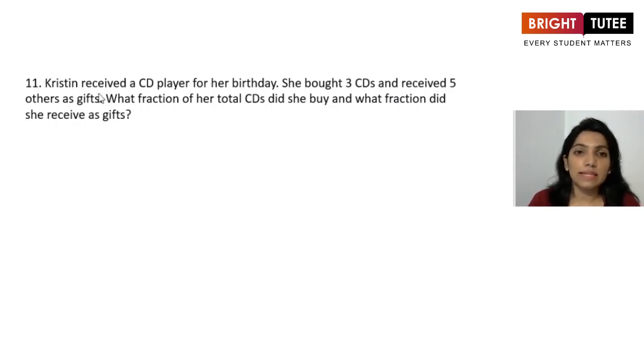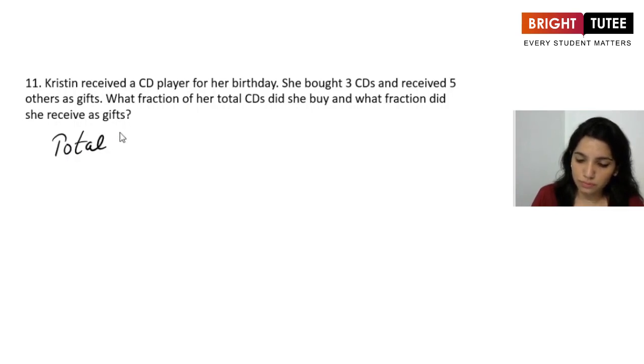Question number 11 says Christine received a CD player for her birthday. She bought 3 CDs and received 5 others as gifts. What fraction of her total CDs did she buy and what fraction did she receive as gift? So let us write the total CDs with Kristen.